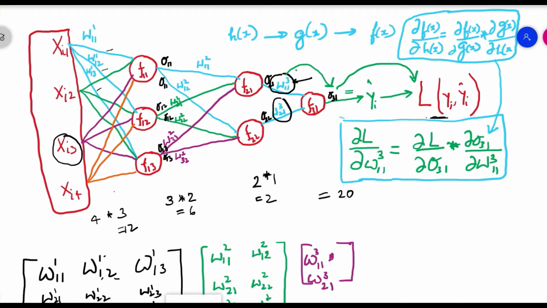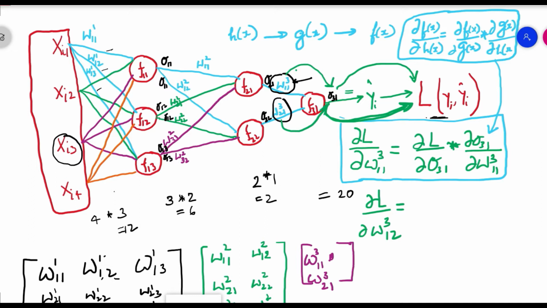So the way we have found out the rate of change of loss with respect to W311, we'll use the same formula and the same method to calculate the rate of change of loss with respect to W321 as well. And what will it be equal to? This loss is dependent upon the output that is being obtained here, and this output is further dependent upon this weight.